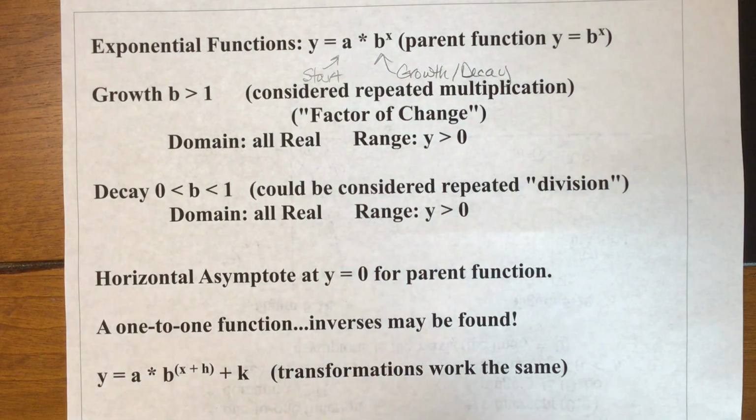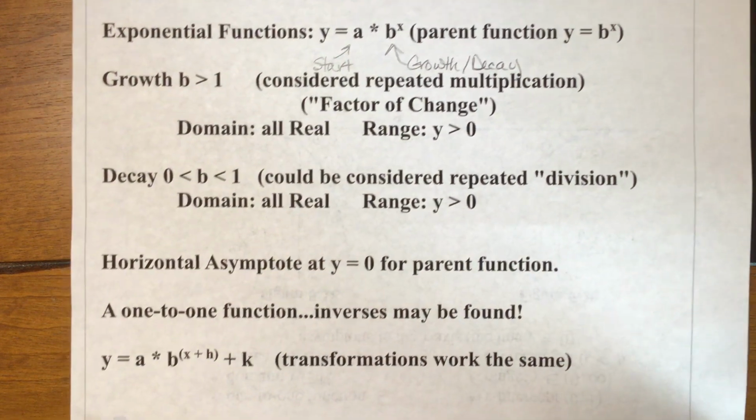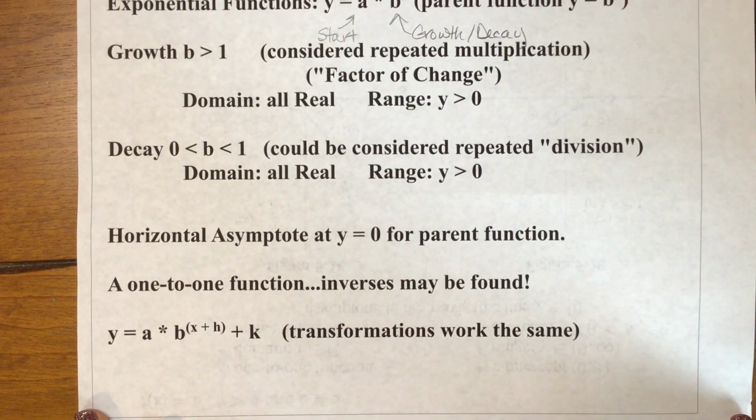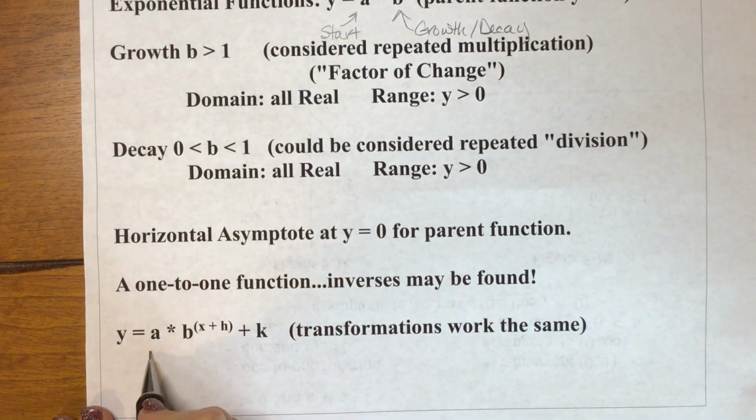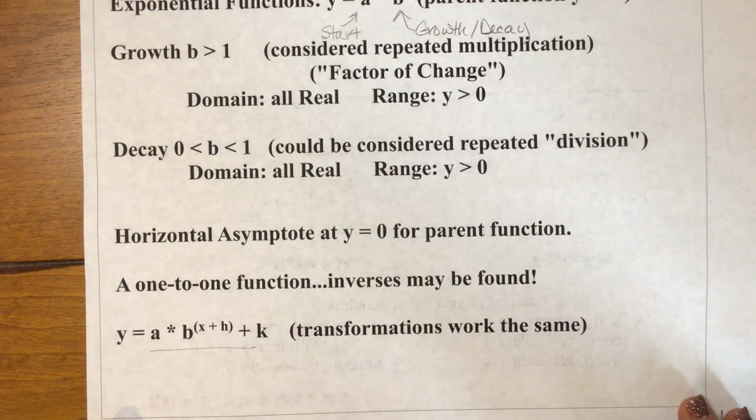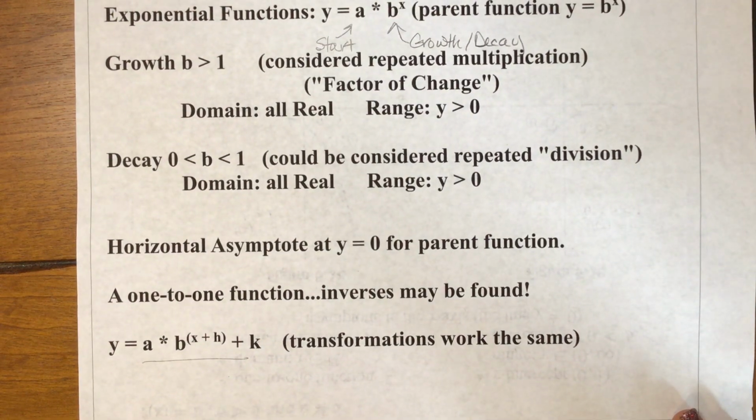But either way, my domain and my range are the same. For the parent function, we had a horizontal asymptote at y equals 0. It is a one-to-one function, so you guys know what that means, that now it passes the vertical line test and the horizontal line test. And then something else to get in your notes is the transformation form.